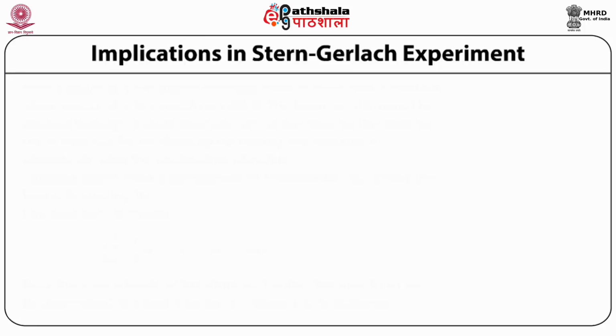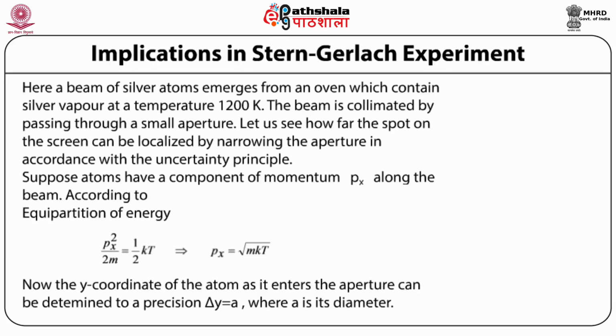Implications in Stern-Gerlach experiment. Here, a beam of silver atoms emerges from an oven which contains silver vapor at a temperature 1200 Kelvin. The beam is collimated by passing through a small aperture. Let us see how far the spot on the screen can be localized by narrowing the aperture in accordance with the uncertainty principle.